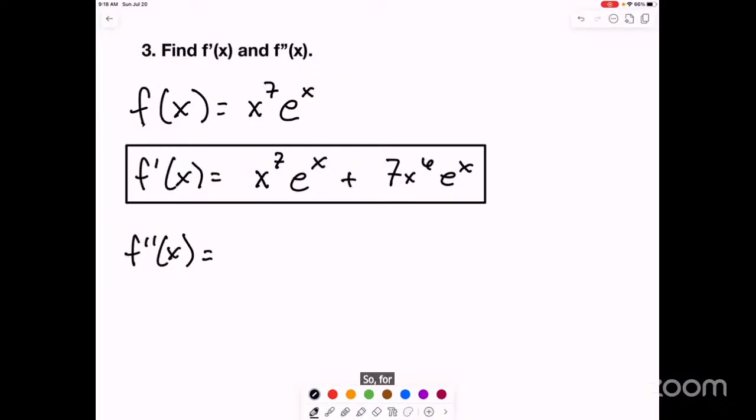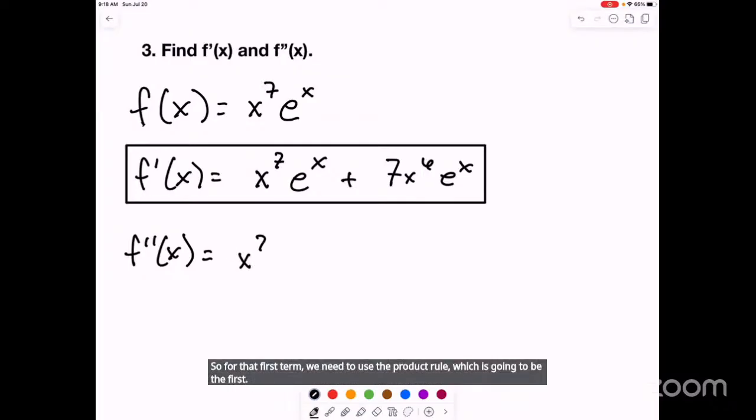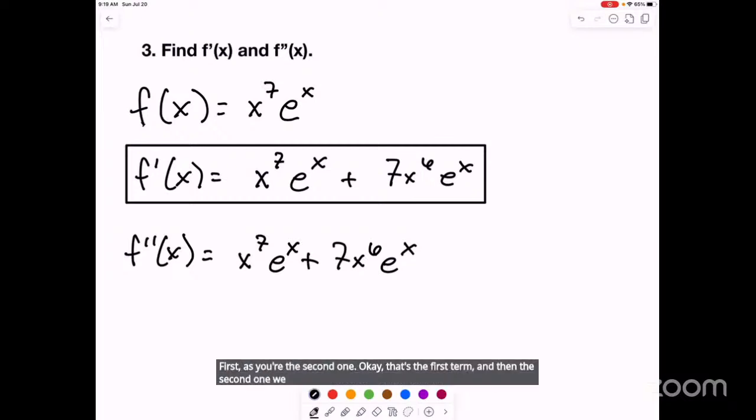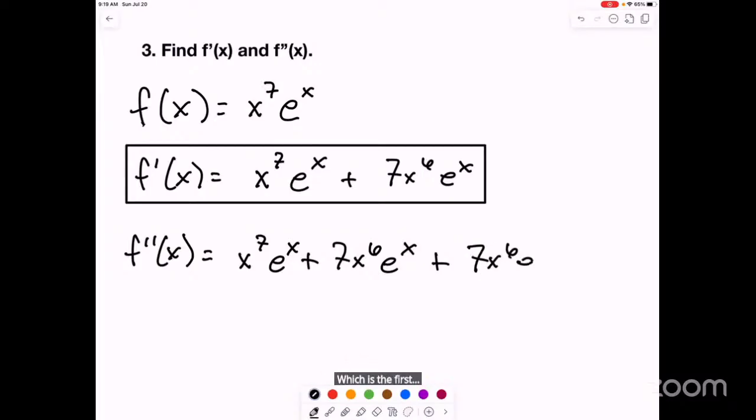So for that first term, we need to use the product rule, which is going to be the first times the derivative of the second plus the second times the derivative of the first. Okay, that's the first term. And then for the second one, we have to do the product rule again, which is the first times the derivative of the second plus the second times the derivative of the first.